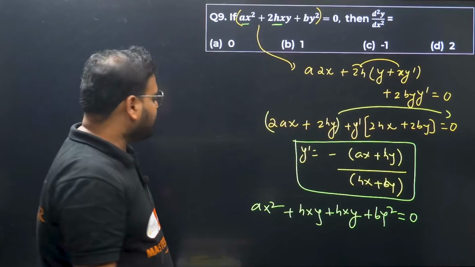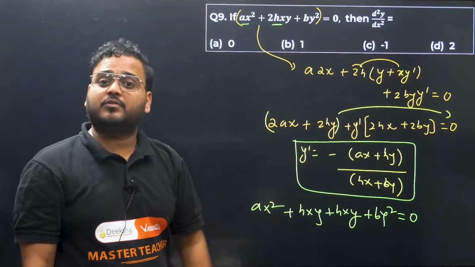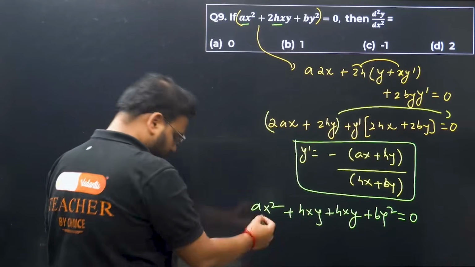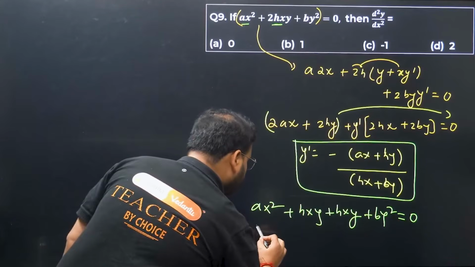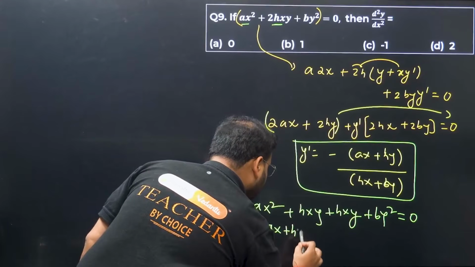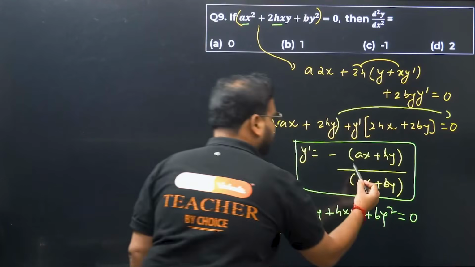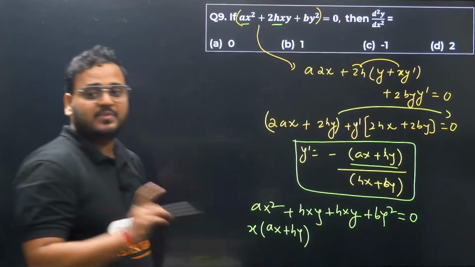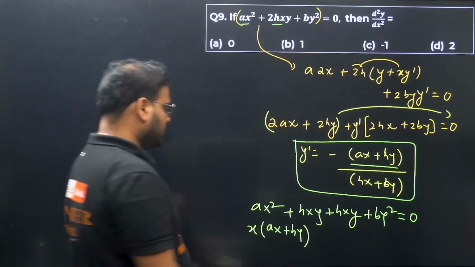Check this out. I can make a relation between x and y over here by use of the factors. I can take what common? I can take x common here, so I get ax plus hy. See, we're getting this numerator over here. Means something can be substituted on this side.